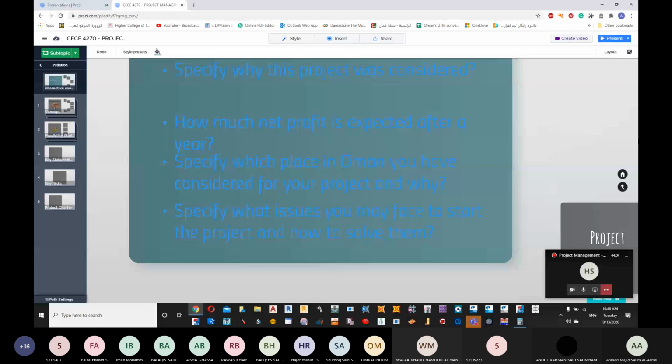Yes now. Okay, so we said 4 questions. The first one is answered by what idea you are going to take. Net profit is going to refer to the feasibility study. We said which place is going to depend on the stakeholders, and we said issues are going to be related to the risks. So one, as Shuruq said, you need to ask people who are in the same field.